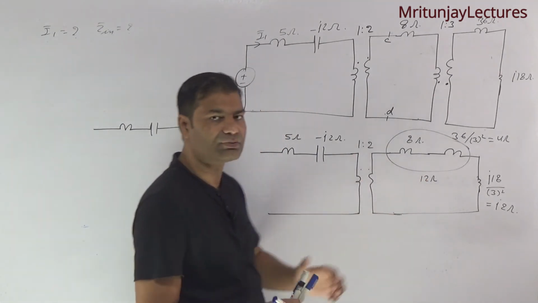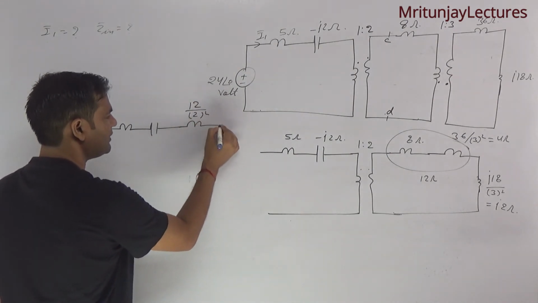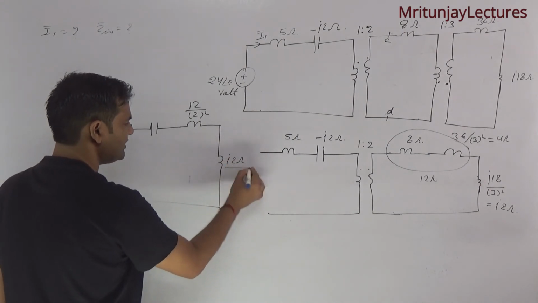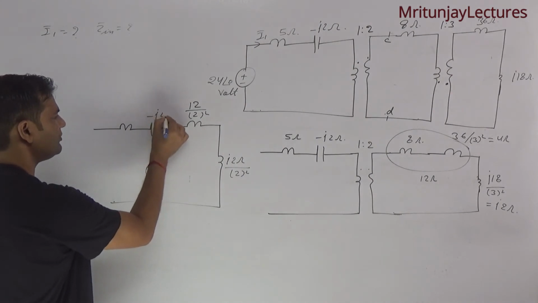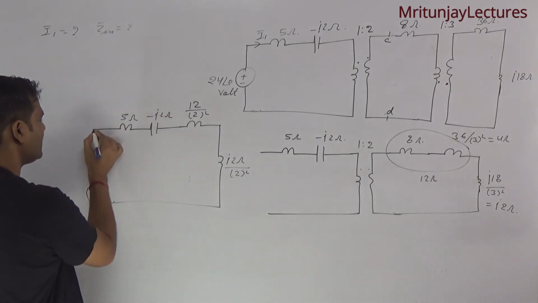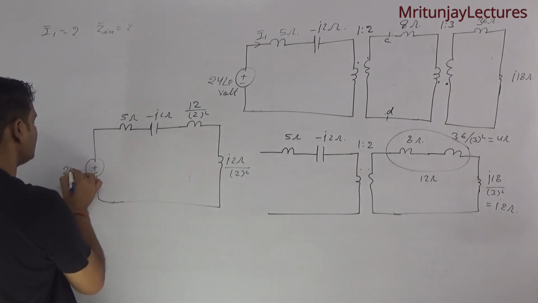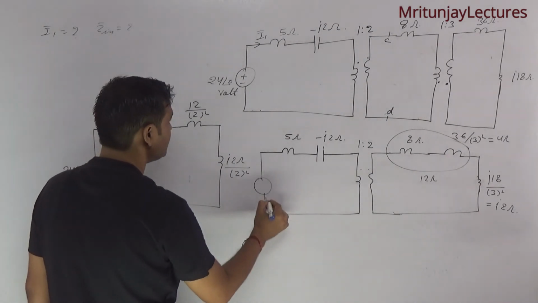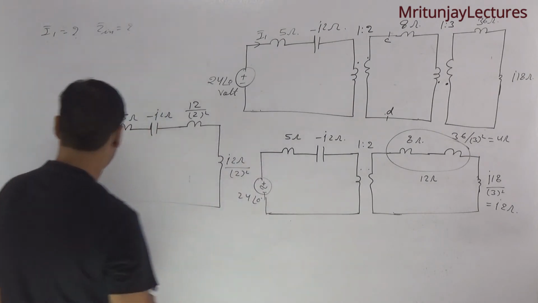So 12 by 2 the whole square, and this is the inductor, J2 ohm divided by 2 square, and that is minus J2 ohm, and that is 5 ohm, and here the voltage source, that is 24 at the angle 0. Clear?